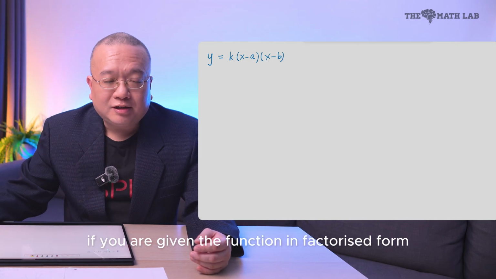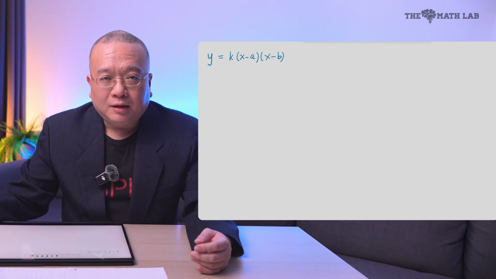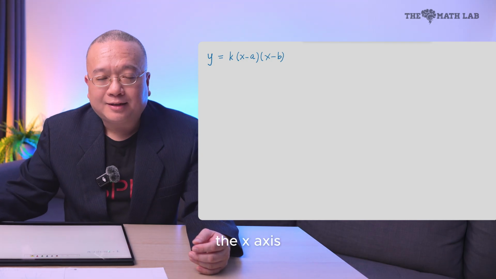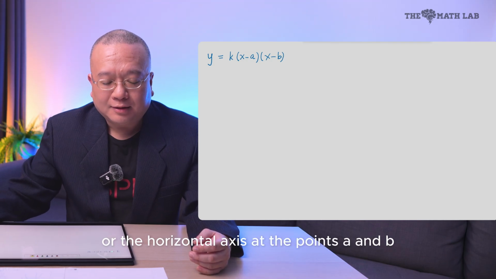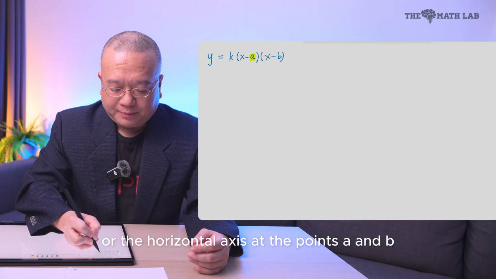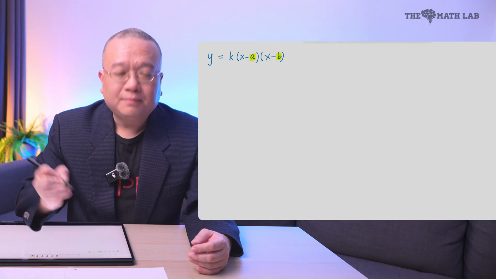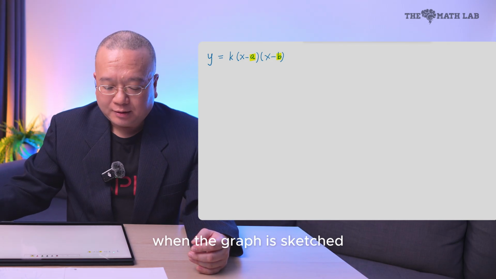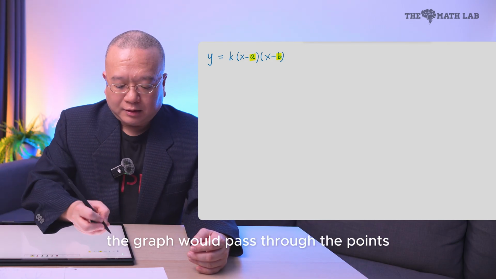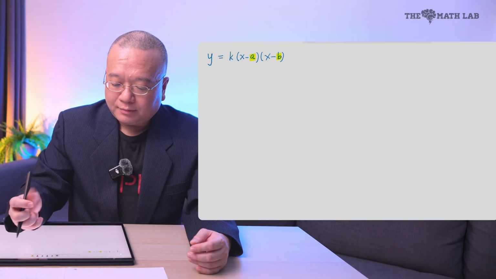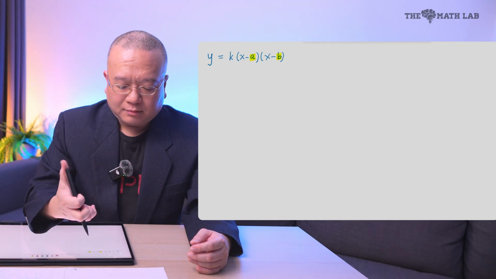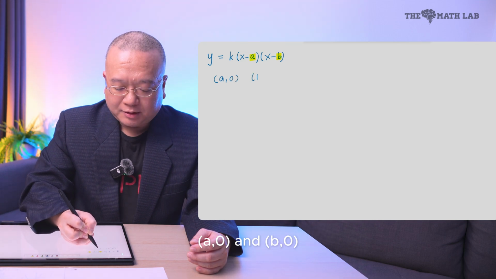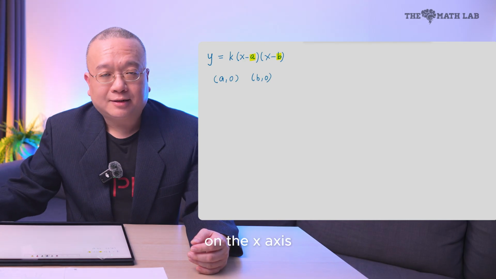If you are given the function in factorized form, we can immediately deduce that the graph intersects the x-axis, or the horizontal axis, at the points A and B. When the graph is sketched, the graph would pass through the points (a, 0) and (b, 0) on the x-axis.